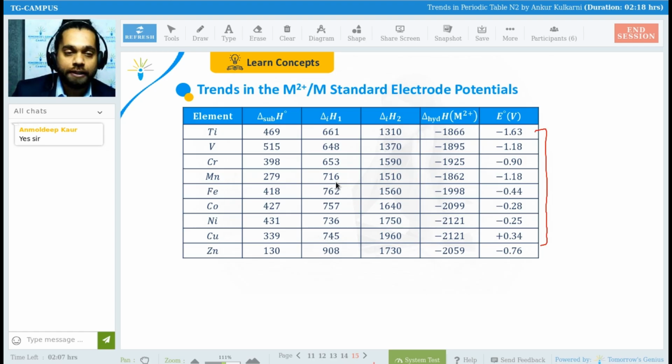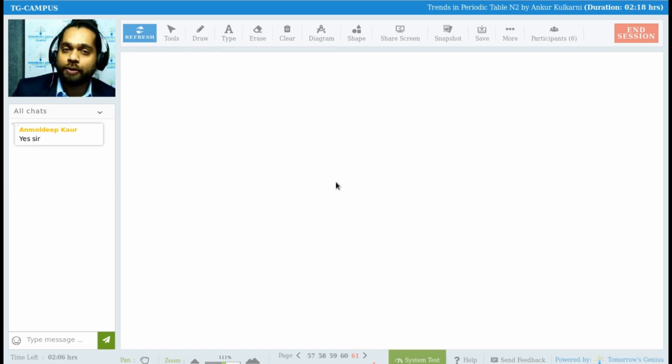Just give me a minute, everyone, to look at this table. So that was the trend of electrode potential.